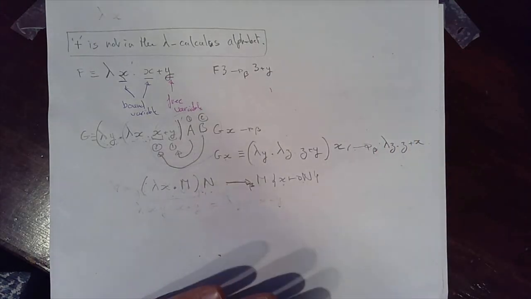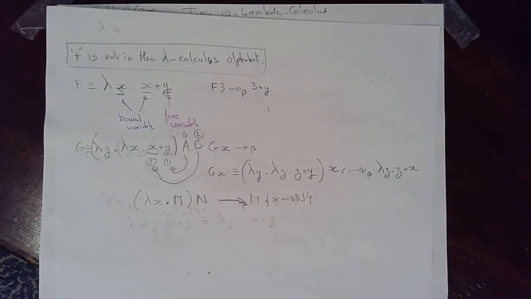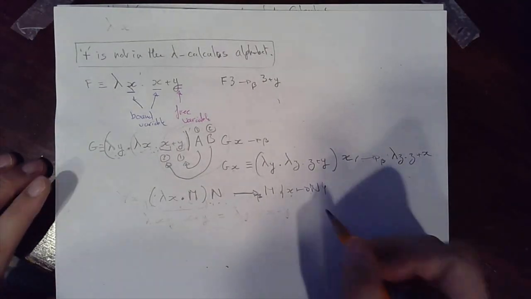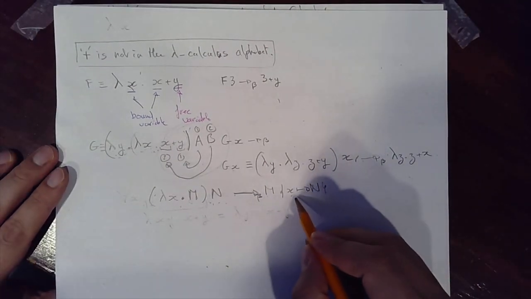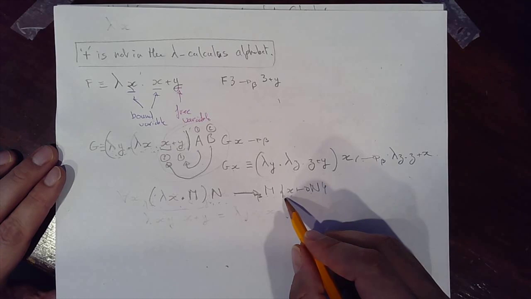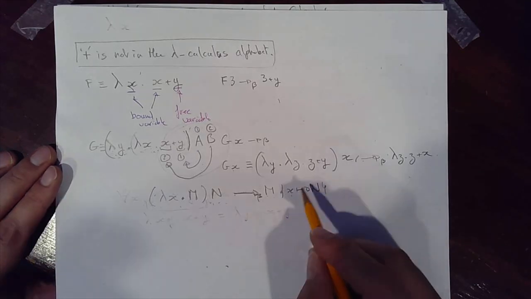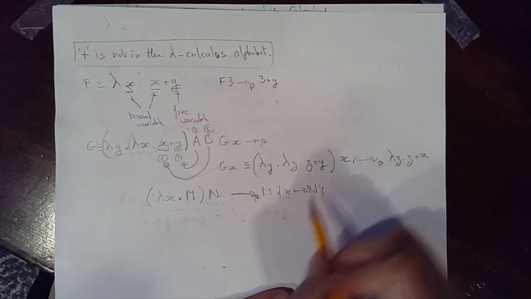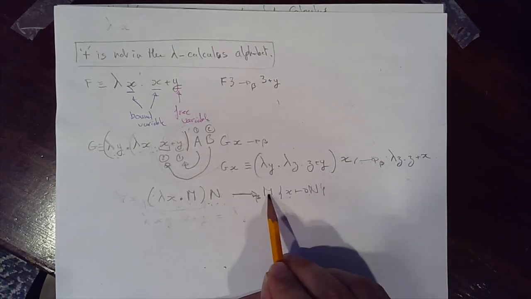That's a very important notion: if you have any free variables of n, you don't want them to fall under a lambda expression in m.